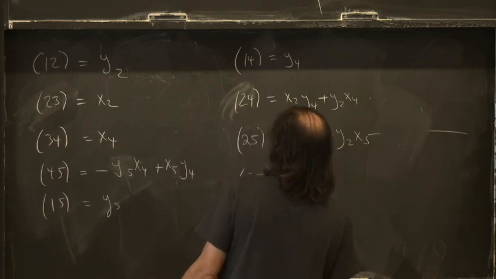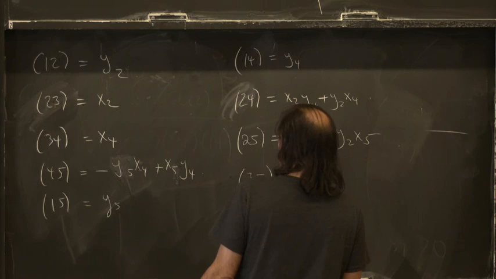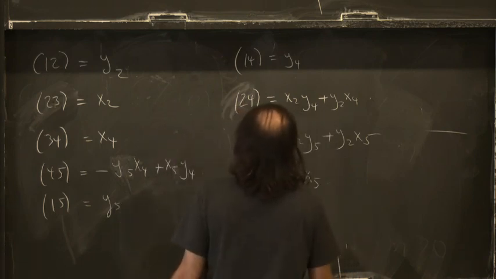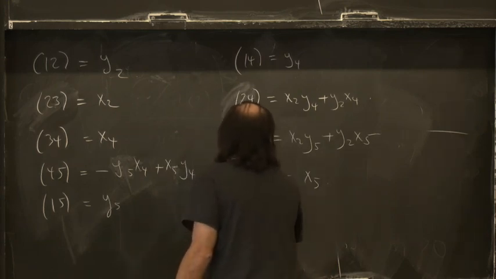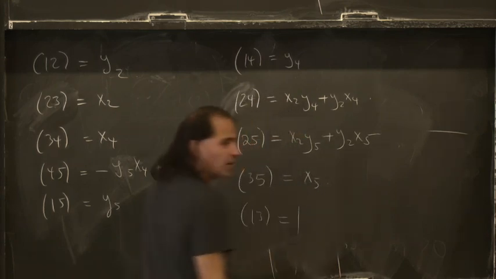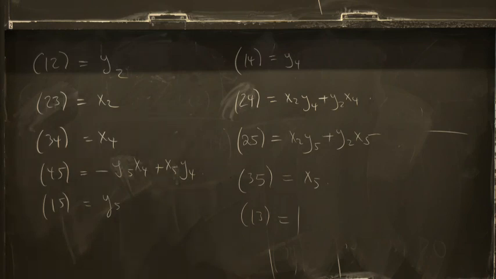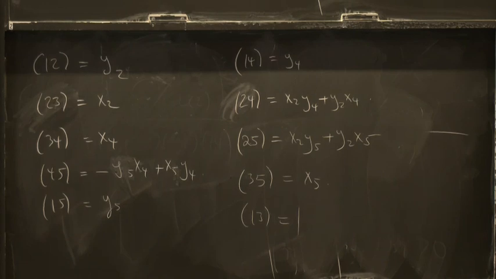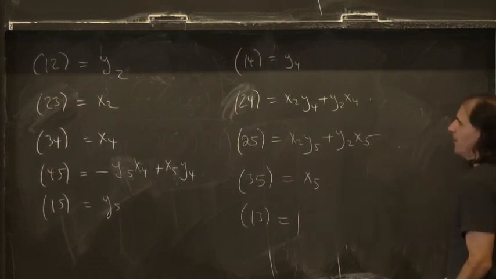Okay. Who am I missing? 2, 3, 4, 4, 2, 5, 3, 5. Oh, 1, 3, I'm sorry. 1, 3 is just 1. Okay. All right, good. So now you see it looks slightly more complicated. Well, let's already notice something interesting.